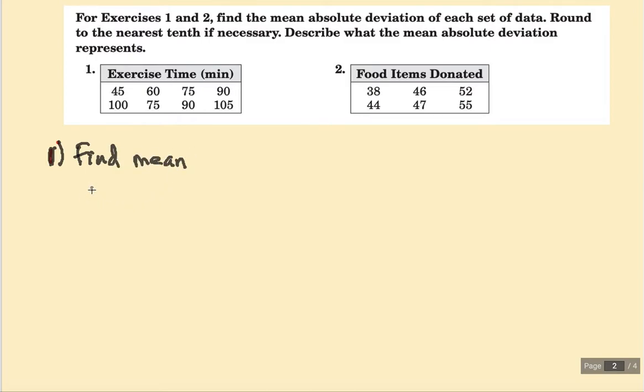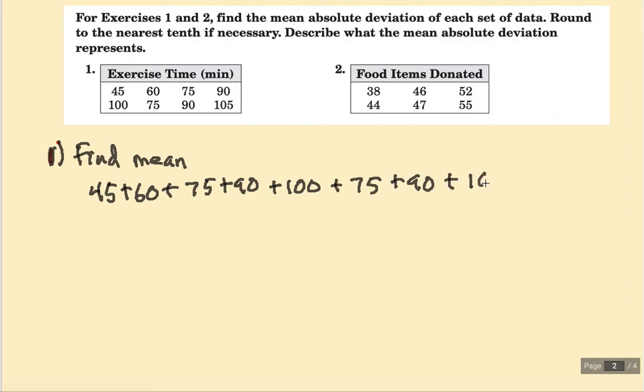To find the mean, I'm going to do 45 plus 60 plus 75 plus 90, and keep going: plus 100 plus 75 plus 90 plus 105, and then divide whatever that sum is by how many values there are, and there are 8 values. So I'm going to add this all up.